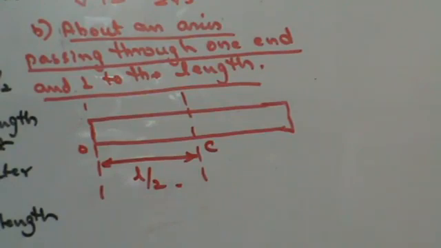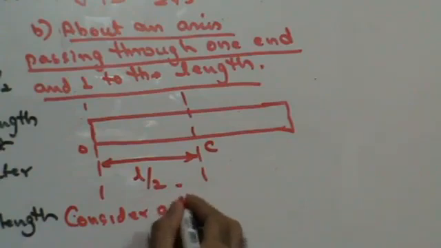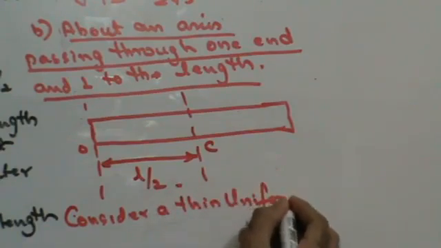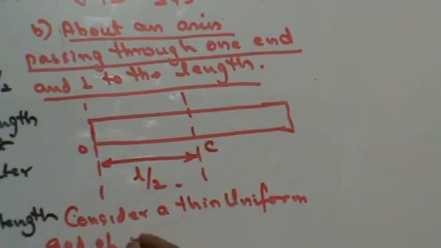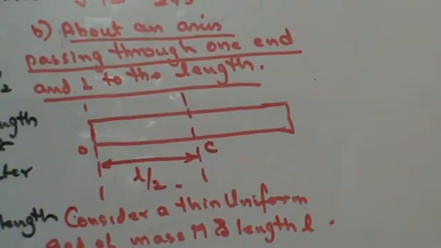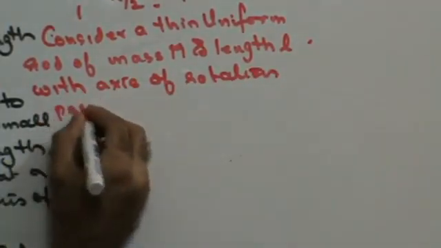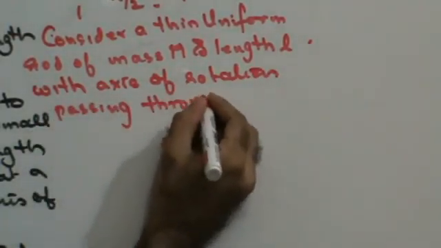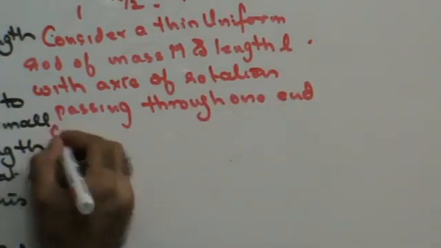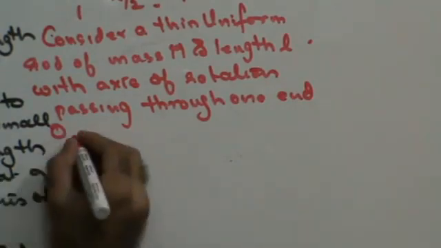In that case, I can say that consider a thin uniform rod of mass m and length L, with axis of rotation passing through one end O. Let C be the center of mass of the rod.